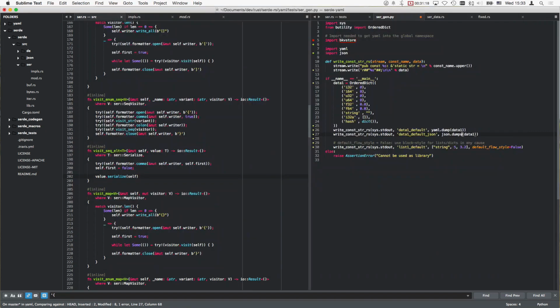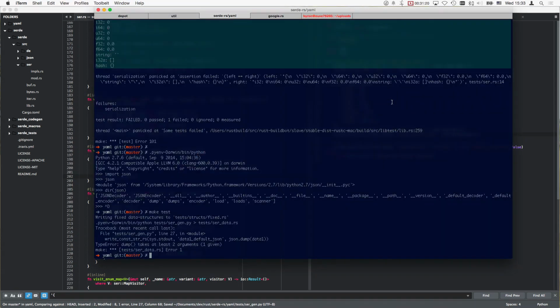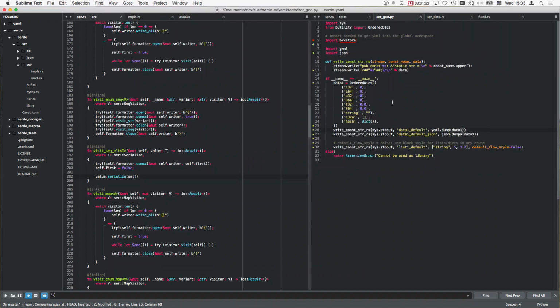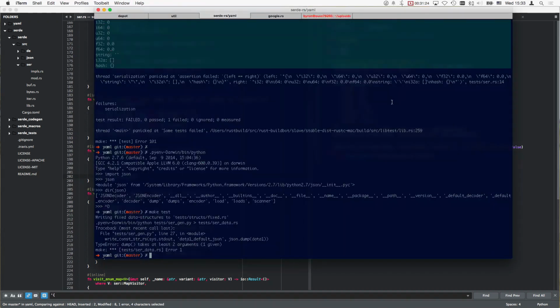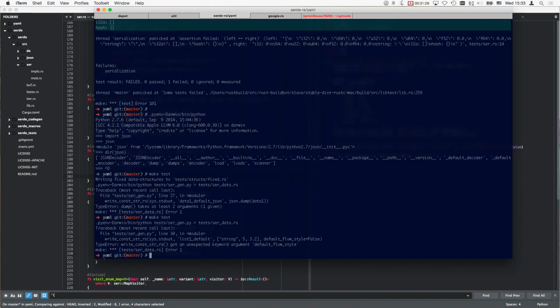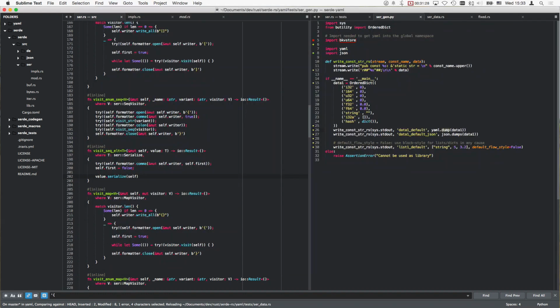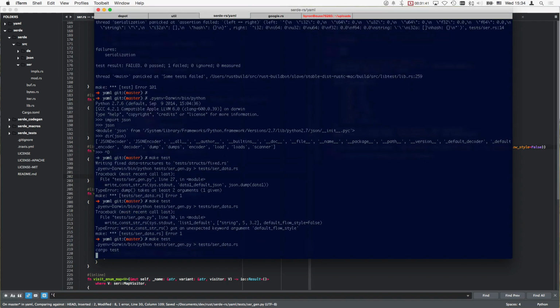Oh, dumps. That's what we want. It's interesting. It seems that dump by default dumps it into a string for YAML. Default flow style. Really? Ah, here. That's the one I didn't adjust. That guy here, YAML dump. And that is that. So now it should work again.